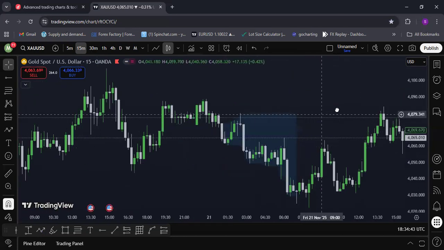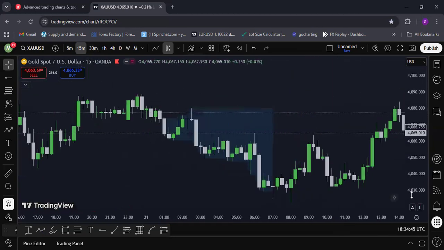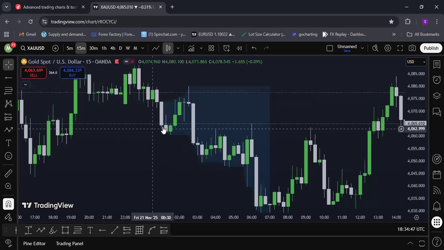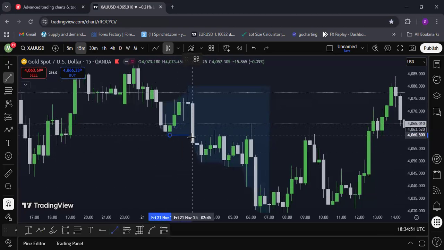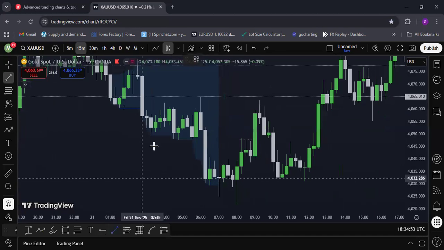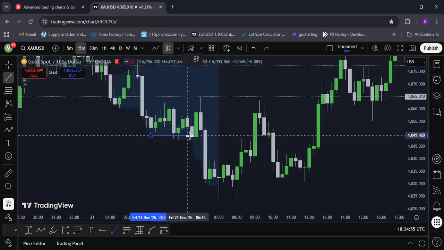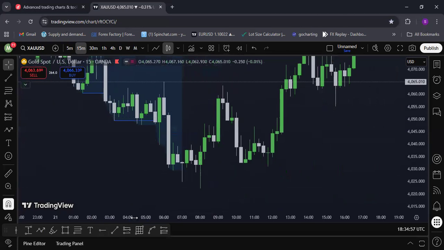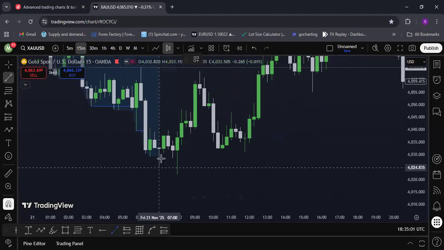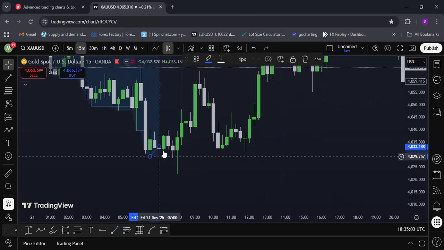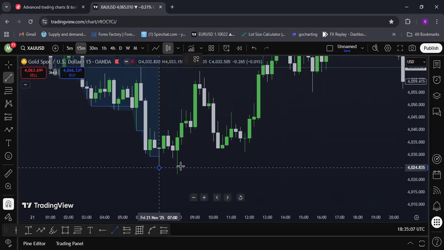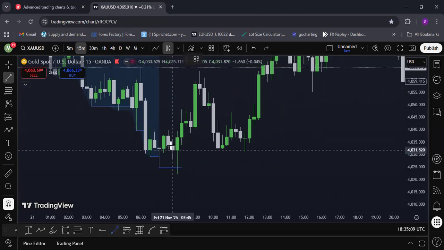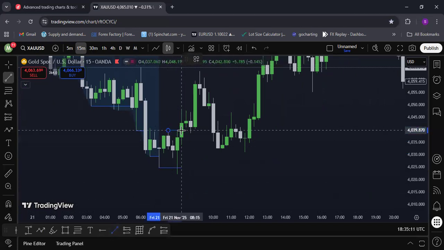All right, so let's start on the 15 minutes. We are using the 15 minutes today. At the start of the day, what I see is a break of structure to the downside. We had break of structure to the downside, break of structure to the downside, failure to create a low, came down again, another failure to create a low, and then a break of structure to the upside.